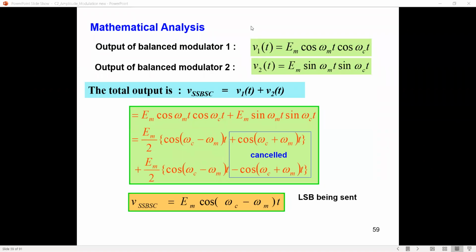Any more questions? If there's no question, I'll stop here. Then we'll continue next week with a new topic, which is demodulation and also super heterodyne.